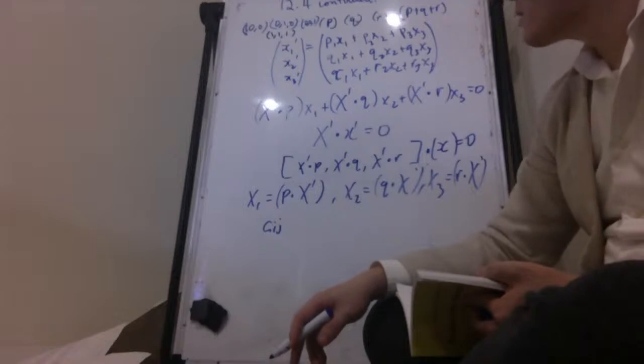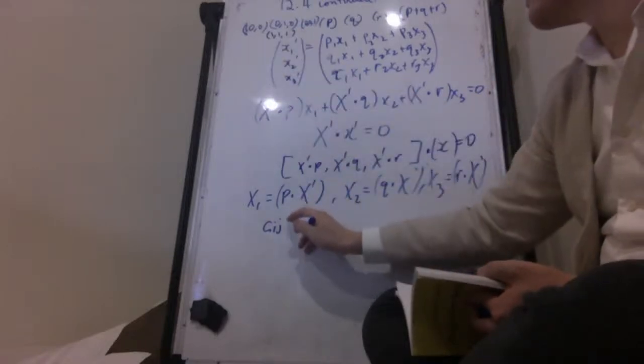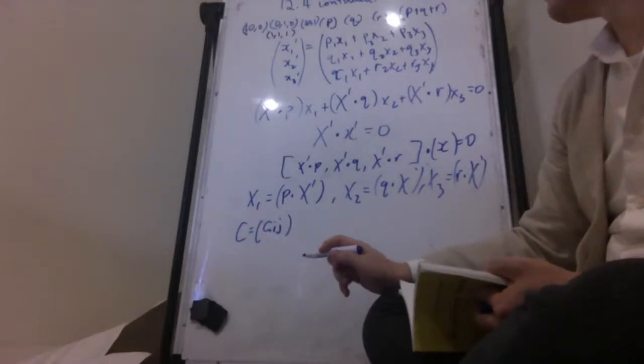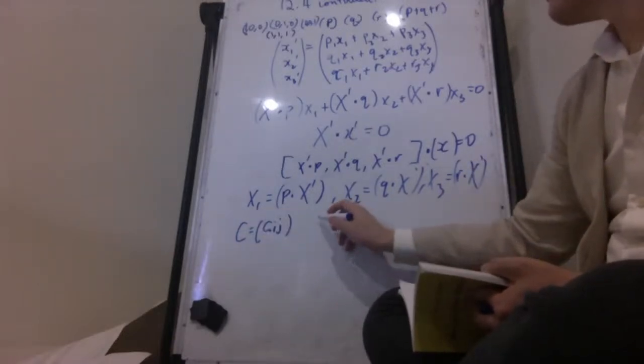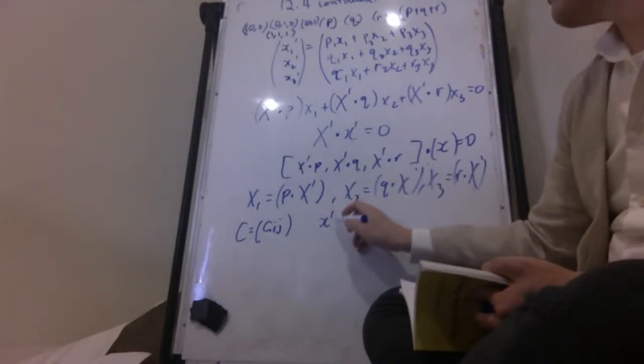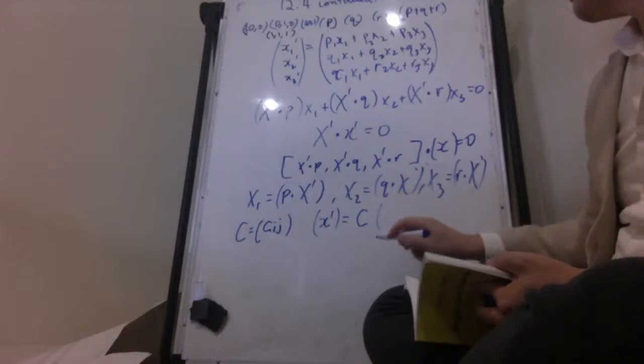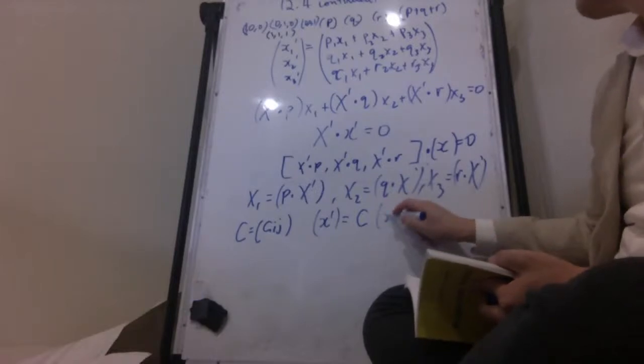Okay, so the whole relationship can be replaced by a matrix C equals Cij, okay, and we essentially have this x prime vector is equal to C times this x vector.